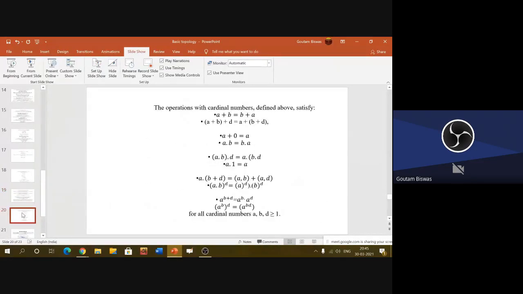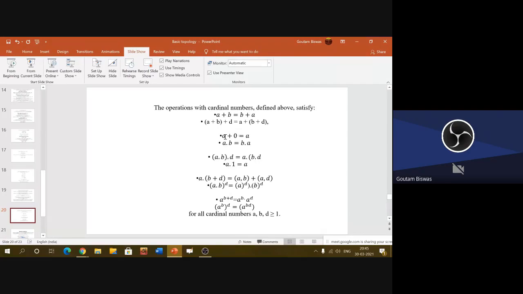Now the last one: the operations with cardinal numbers defined above satisfy these commutation relations with respect to addition, and distribution with respect to addition, where A and B are cardinal numbers.